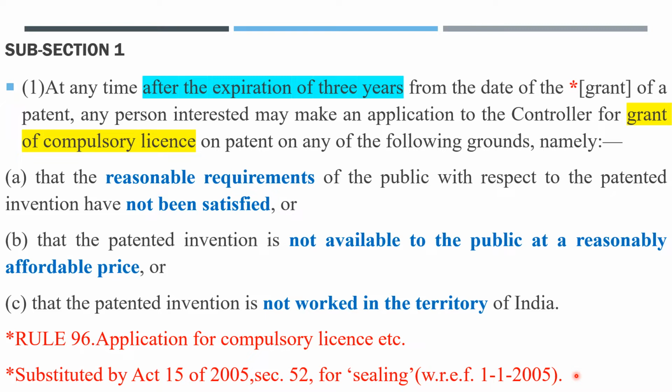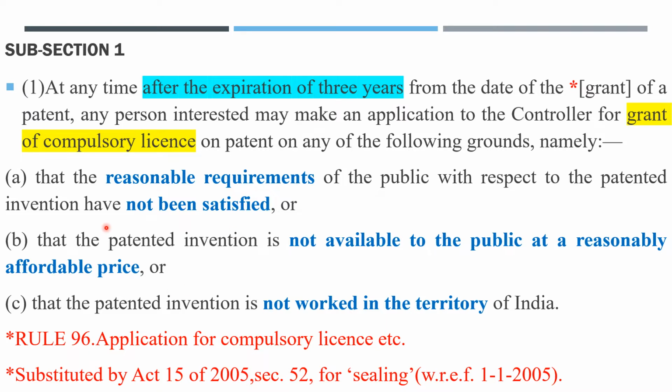So now let me analyze the whole subsection. Here the key phrase is grant of compulsory license. And you can see the words in blue background. This shows after the expiration of 3 years. That means this is the time period.